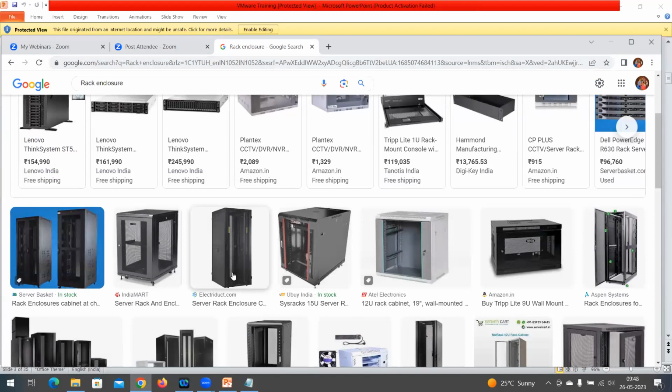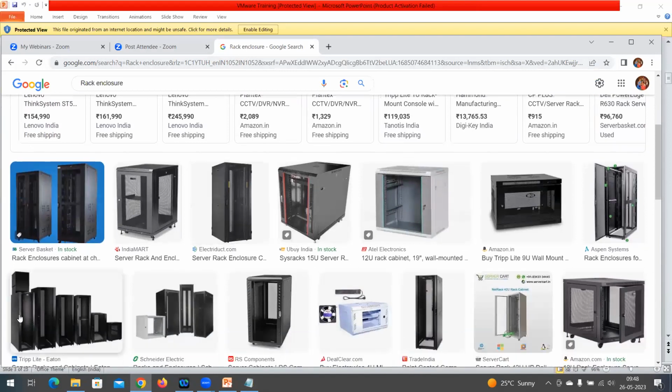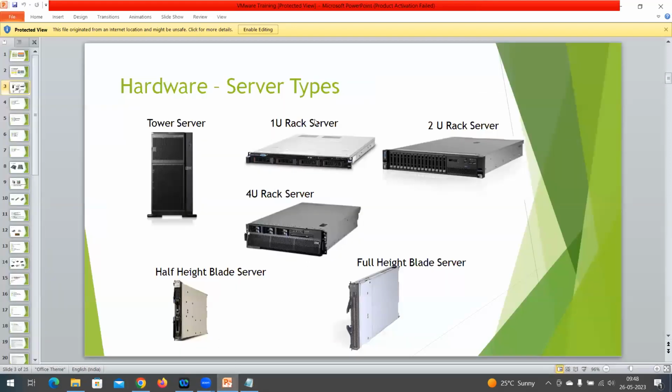We can look at different types of rack enclosures. This architecture is going to be inserted into the rack enclosure, where we insert this rack server and connect the cables.